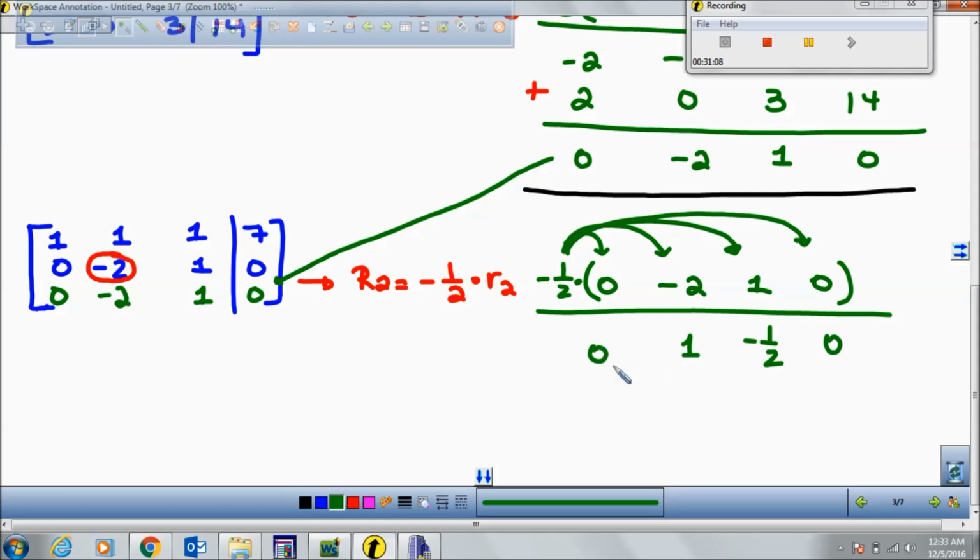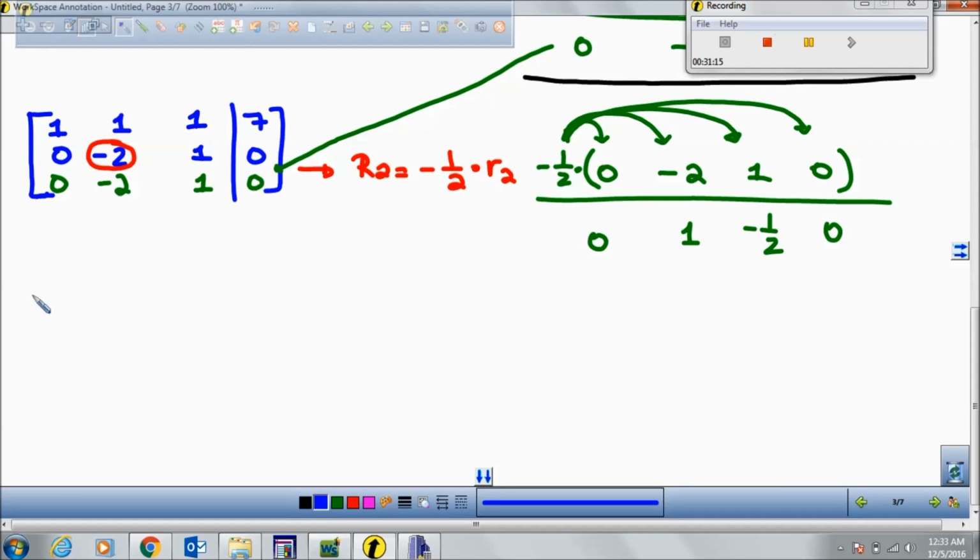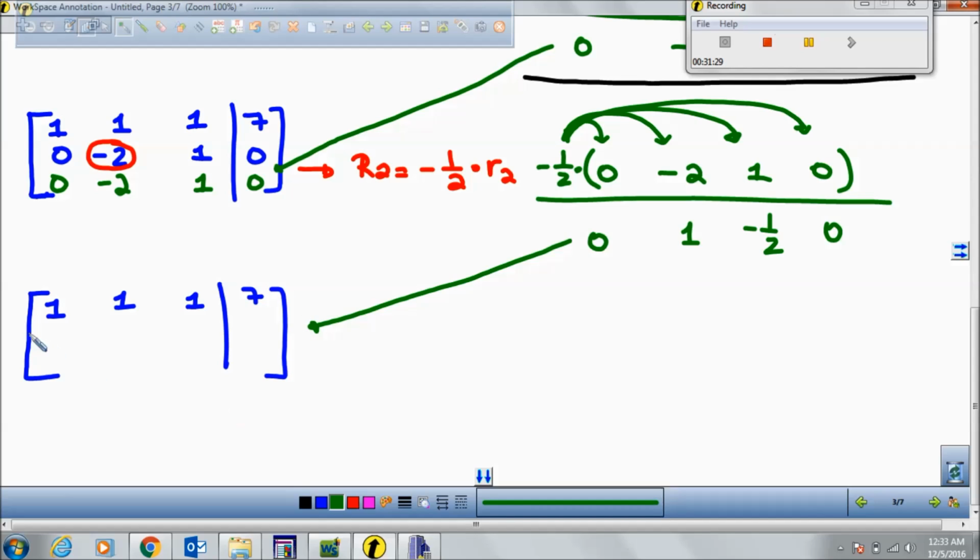So now, these are the values that you're going to put in place of row 2. 1, 1, 1, 7. And so these ones are going to go here in row 2. 0, 1, -1/2, 0. So this is going to be 0, -2, 1, and 0.